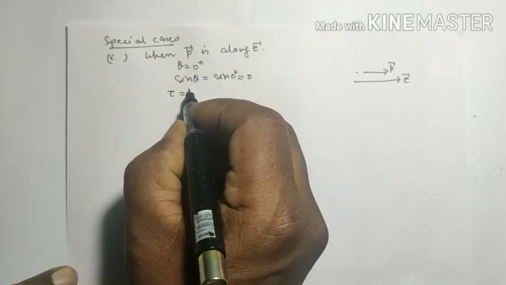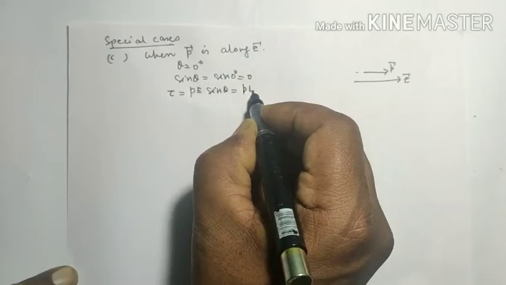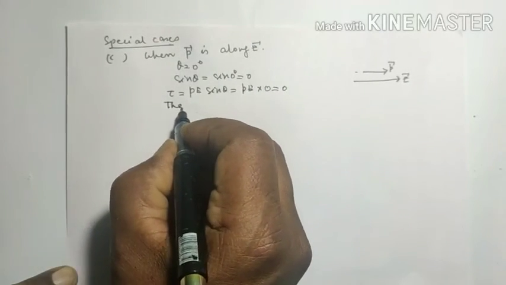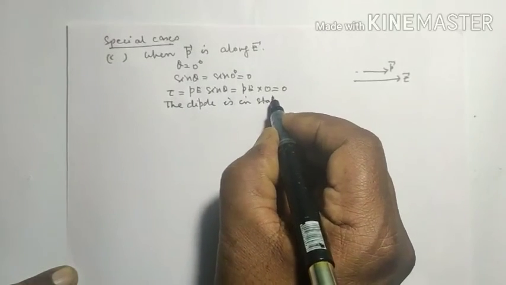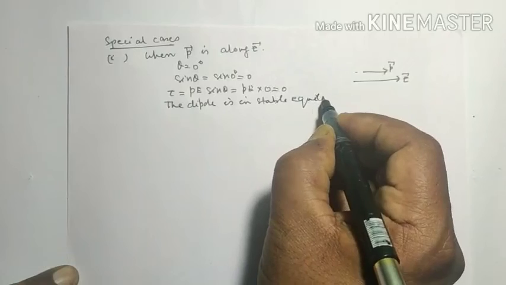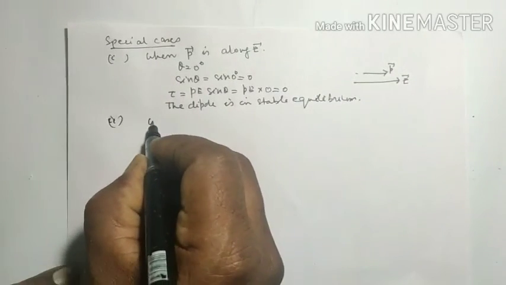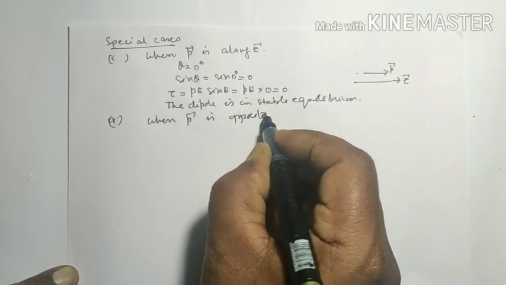So tau equal to pE sin theta, so pE into 0, that is equal to 0. The dipole in this case is in stable equilibrium. And second case, when p is opposite to E.